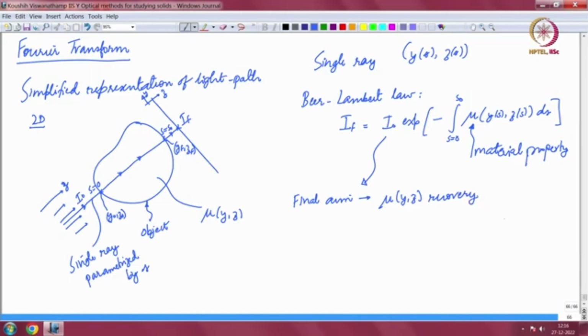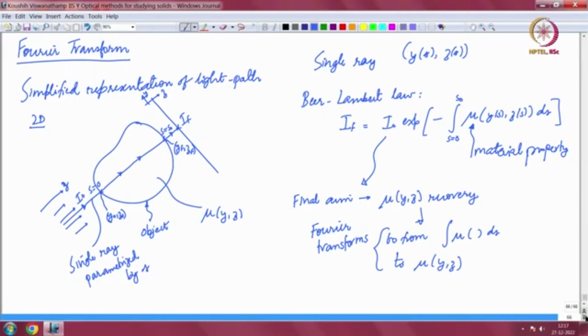And the way to do this, remember what you are measuring is an integral of mu, is to go from integral of mu something along a line to actually mu. That is basically the mathematical problem we have to solve. Okay. And the way to do this is using Fourier transforms, as we will see maybe towards the end of today's session.